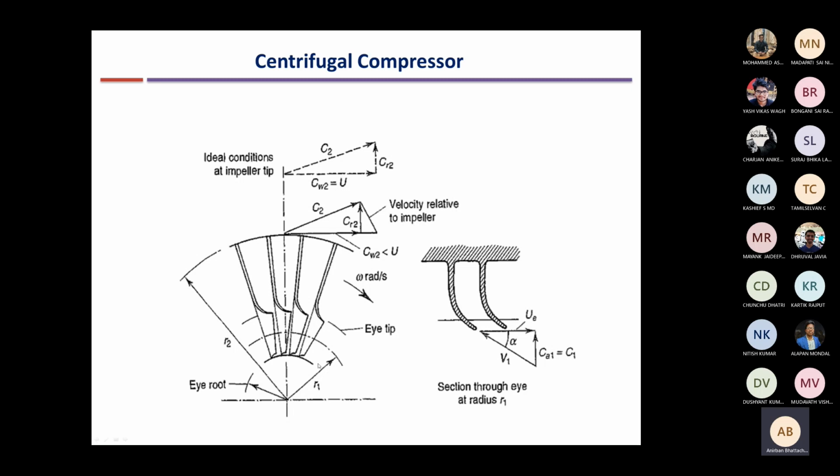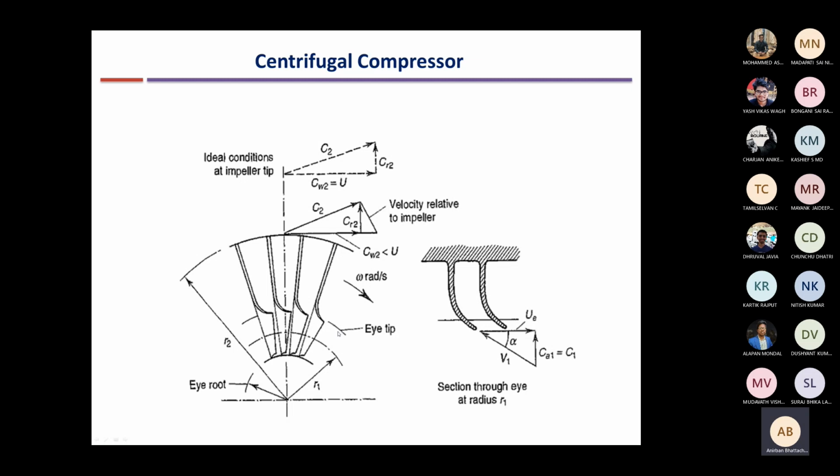So now let us look at the diagram. We will call this R1. The mean radius is R1M. 1 denotes the inlet, 2 denotes the end of the impeller, the tip of the impeller. So 1 again has different meanings. 1 at the hub section, which I can call R1H, is the radius of the hub.